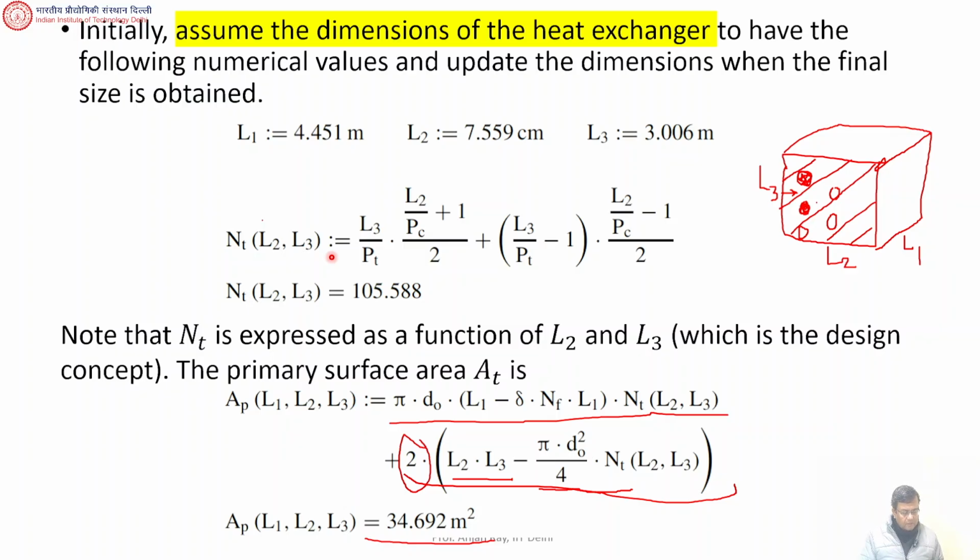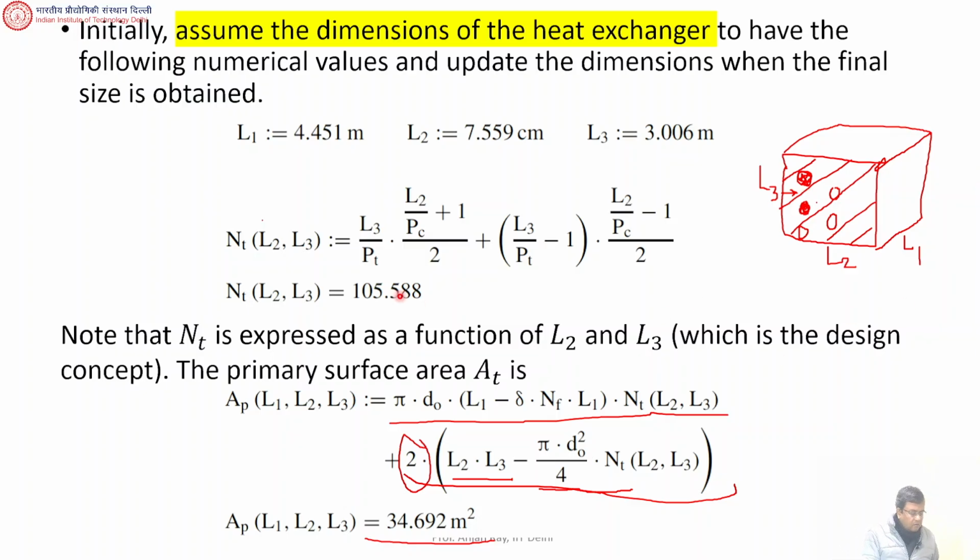Functionality means that the number of tubes will depend on L2 and L3 also. If you increase L2, if you increase L3, you will get more tubes for a particular tube arrangement. The number of tubes is not dependent on L1 because L1 is along the length of the tubes.